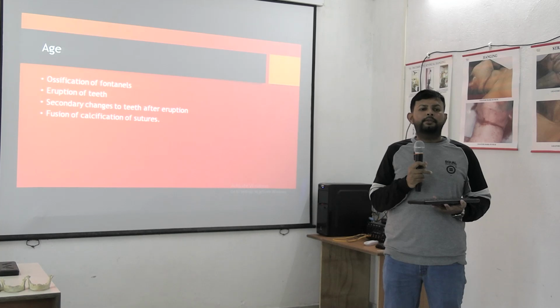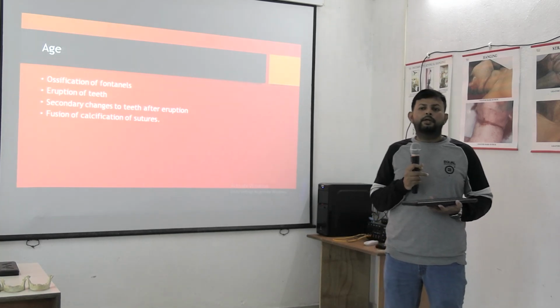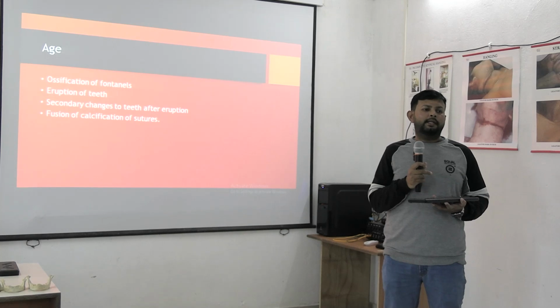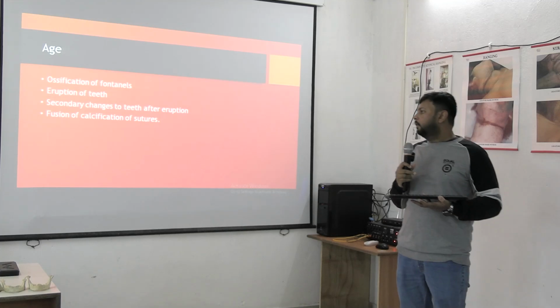Or they may give you just a subject has 24 teeth, so what could be the age? Something like that. Questions will be there in the exam. Okay, so dentition will be a separate class.